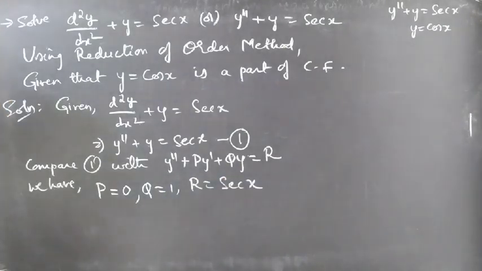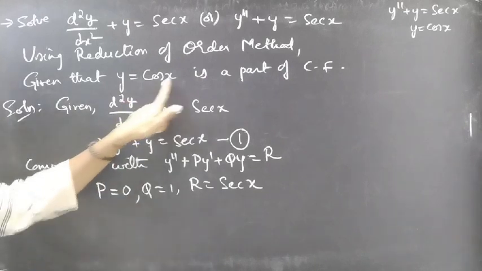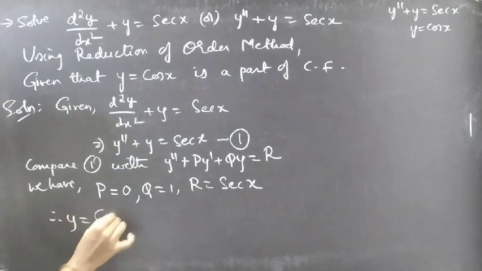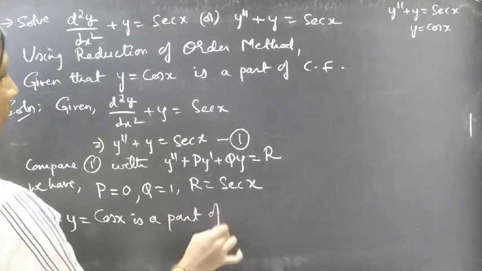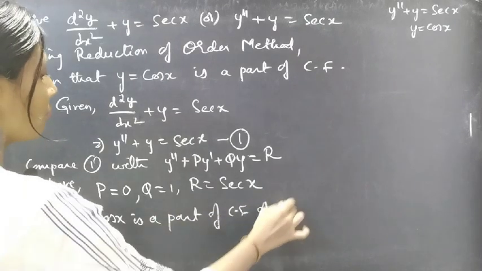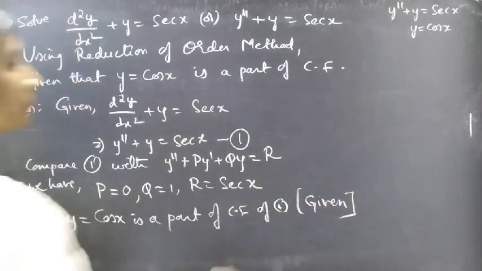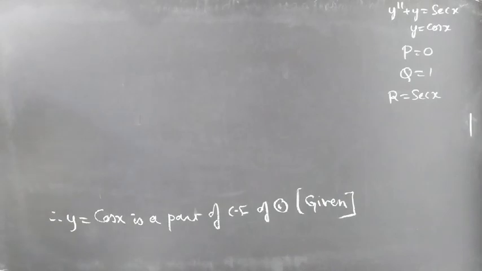Here we don't need to find the part of CF of 1 because we are already given that y equal to cos x is a part of the CF. Therefore, y equal to cos x is a part of the CF of 1, which is given, where u equal to cos x.